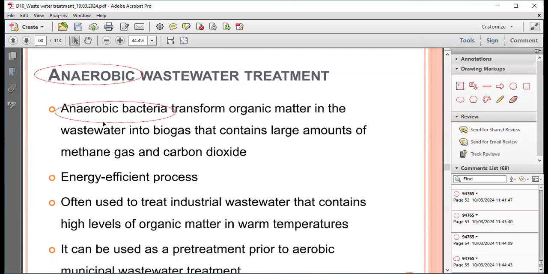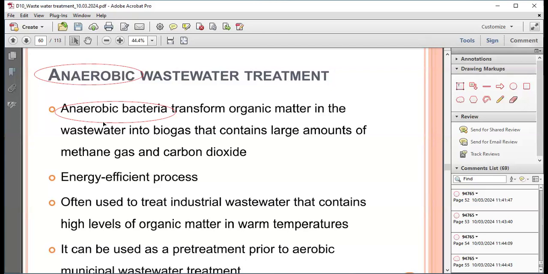It produces the gas, but those microorganisms do not consume oxygen gas. No need of oxygen for that type of bacteria; it's called anaerobic bacteria. The difference between aerobic and anaerobic is oxygen. Aerobic requires oxygen gas, and anaerobic does not need oxygen gas to grow.